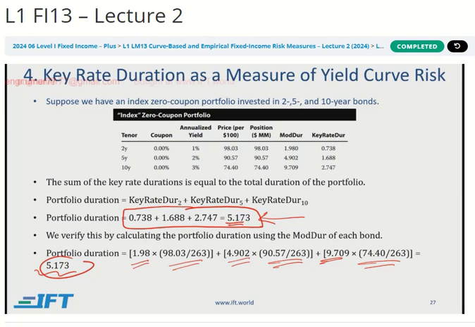So the mod D of the total portfolio doesn't change, but what you get is a perspective into where this duration is coming from. Where is your sensitivity? Are you having the most sensitivity to the 2-year or the 5-year or the 10-year? And clearly we have a lot of sensitivity to the 10-year.